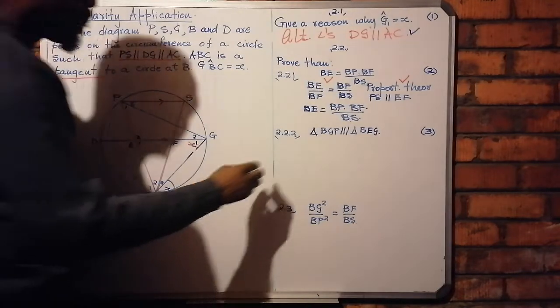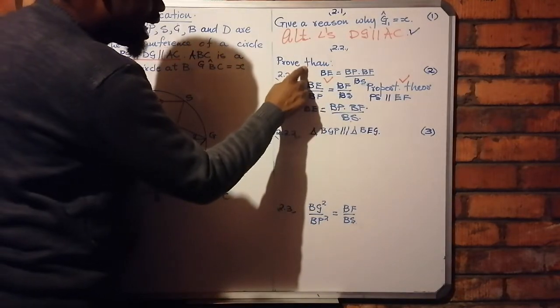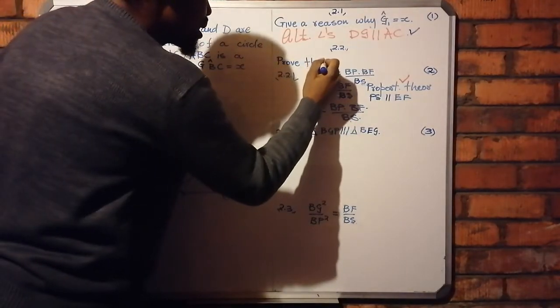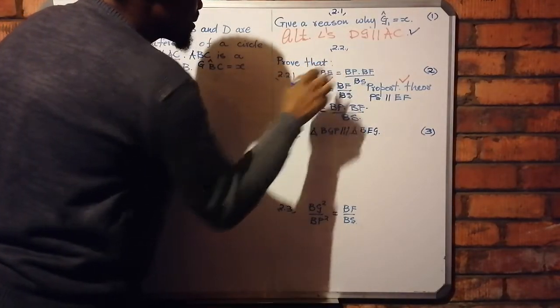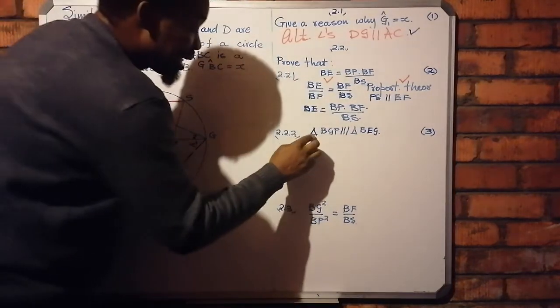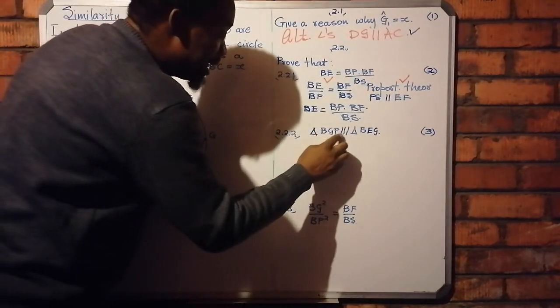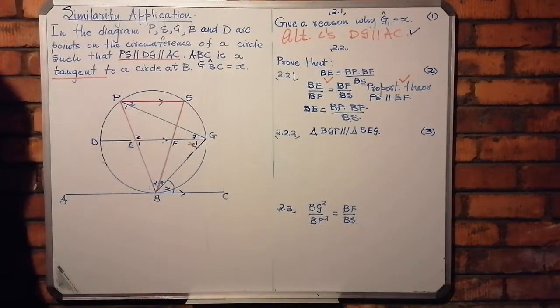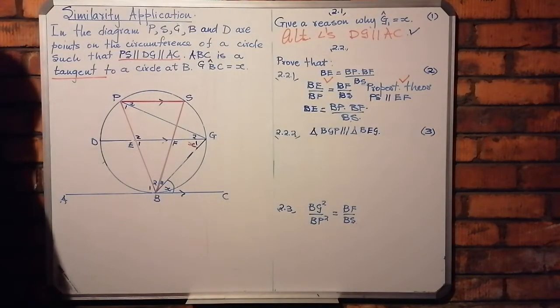Next question. Prove that triangle BGP is similar to triangle BEG. That is similarity now.